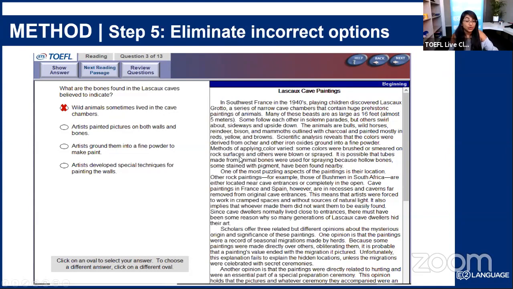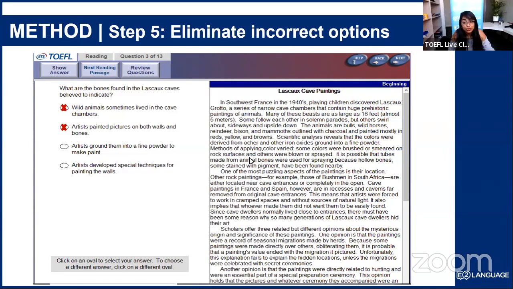It says that they painted on rock surfaces. It said they painted on walls, but it doesn't say that they painted on bones. It says that they used bones to paint, but not that they actually painted bones. So that's also not the correct answer.